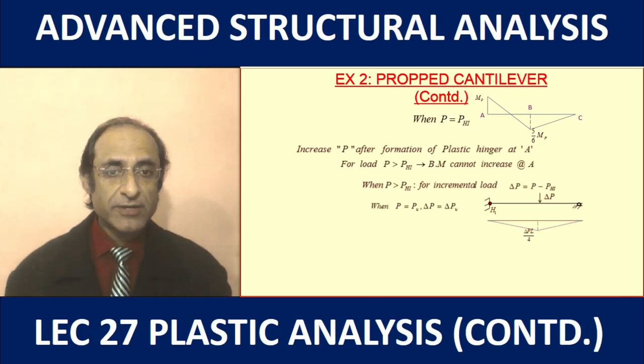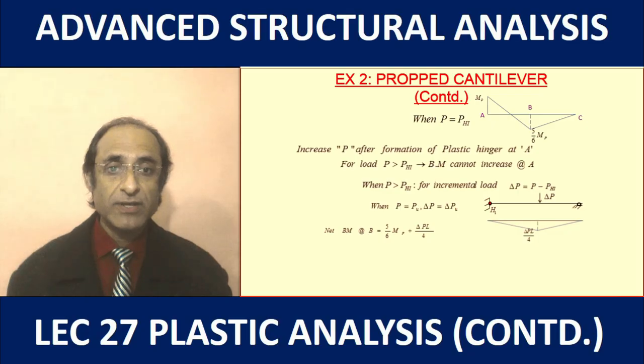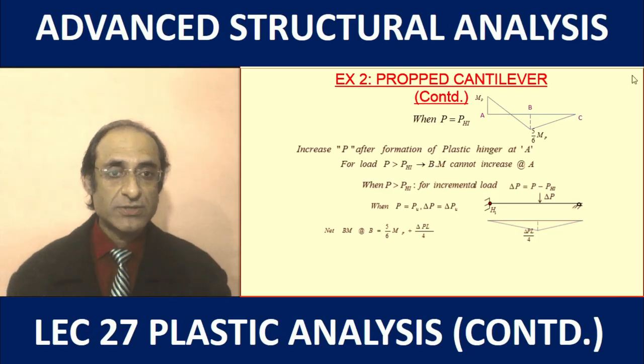So when we are increasing the load further, it reaches the ultimate load. So let's say at the ultimate load, the second hinge will be formed, and this hinge will be formed at B. So let's say that the incremental load corresponding to this condition is delta P U. So now the net bending moment at B will be 5 by 6 MP, which was the bending moment for the case of the first hinge formation at A, and then we have the incremental bending moment due to the incremental load.